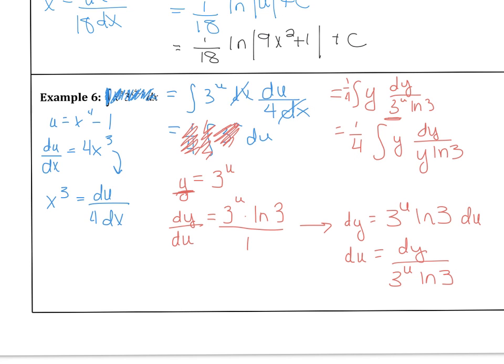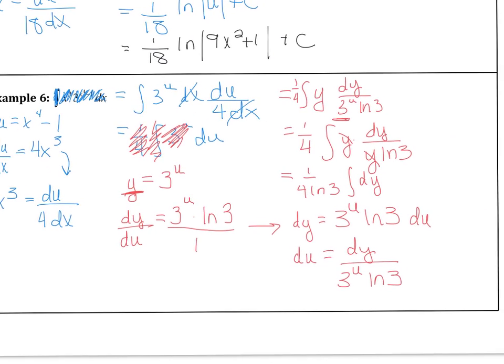Then these y's cancel. And you will be left with 1/4, and then the over ln 3, that's just a constant. So let's bring it out here, times the integral of dy. And that is really easy to do.